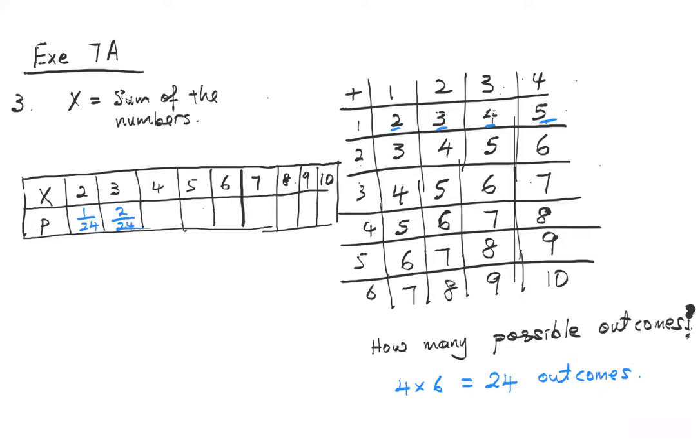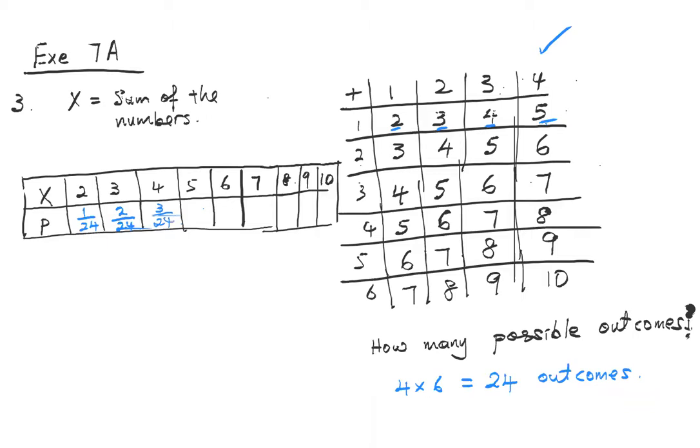So that is one way to get the probability distribution table. For this kind of situation, you can use this chart to help you. And probability of getting a 4 will be, there are 3, 4 here. So 3 out of 24.